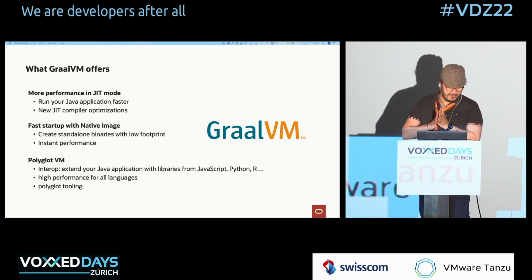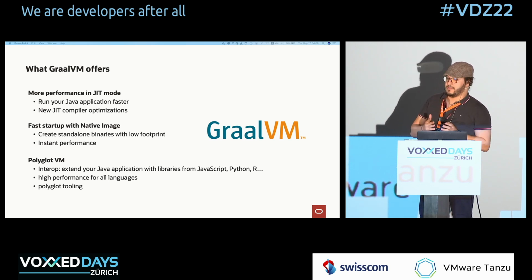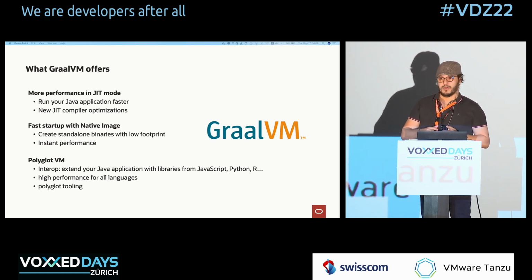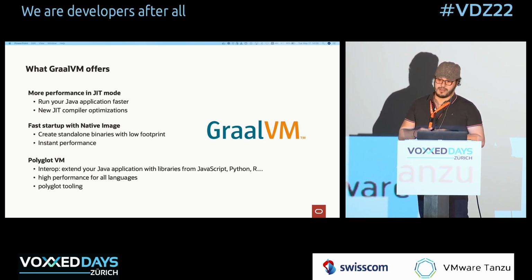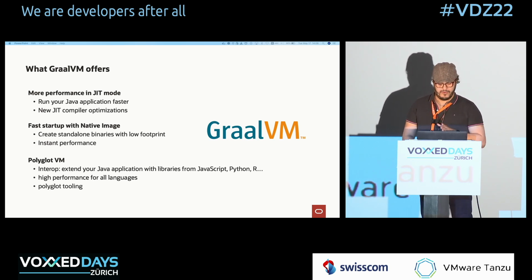OK, so what is GraalVM? GraalVM is a product from Oracle Labs, right? And the community, basically on top of the OpenJDK or the JDK, which provides three main things. So one easy thing is the performance of the JIT compiler that GraalVM provides through a new Java-based compiler that actually is integrated in the JDK itself.